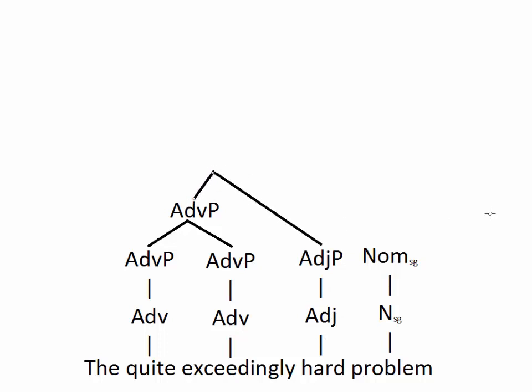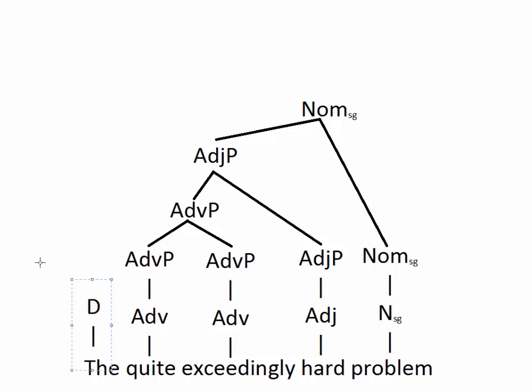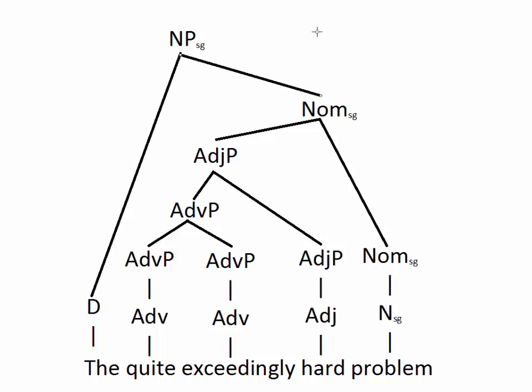So to give us this structure, which will be a bigger adjective phrase, that in turn can modify the nominal to make a bigger nominal. And then last but not least, of course, we put back in our determiner to make our new noun phrase. So the quite exceedingly hard problem, again, where quite is understood to modify exceedingly, would have this structure.